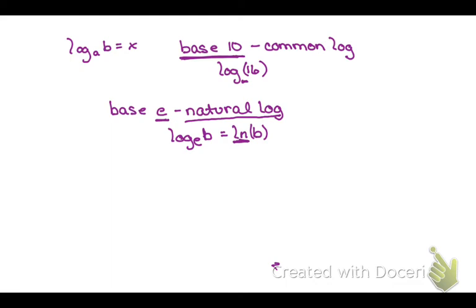Next, we need to actually be able to use this for something other than switching back and forth. So I have 25 equals 10 to the x minus 1.